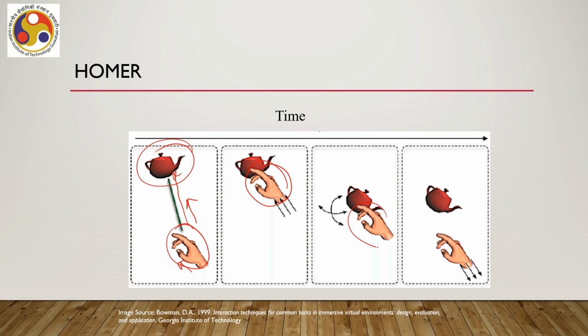Then the user performs the manipulation, and after that manipulation is over, either through some trigger or some specific hand gesture, the user can indicate to the system that the manipulation job is done. Then it comes back to its original position. That is the HOMAR technique. So, we have come to the end of this part of the lecture.